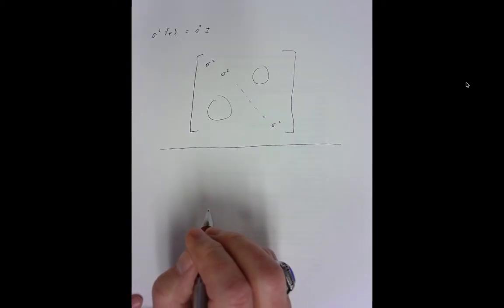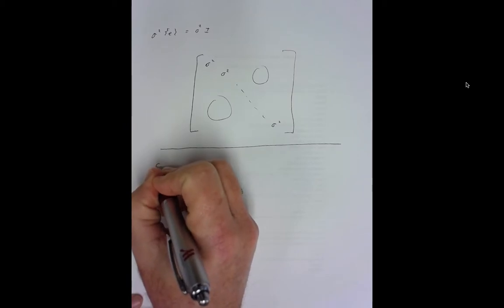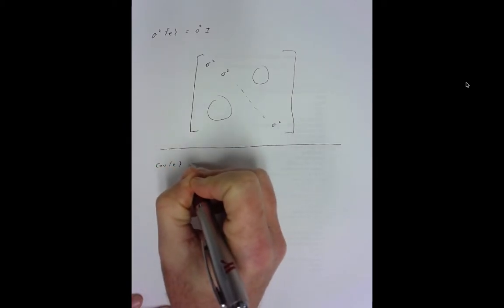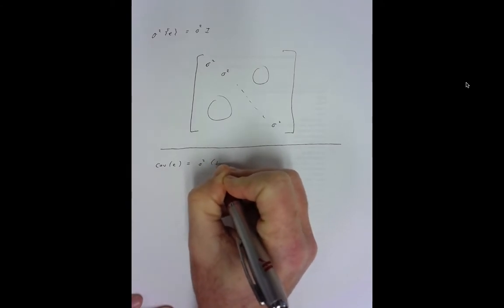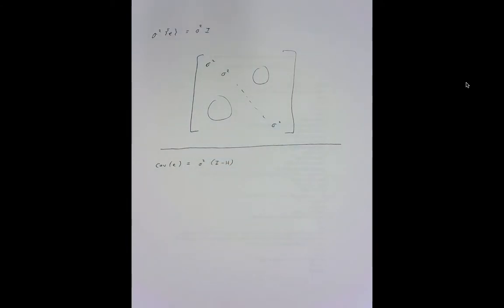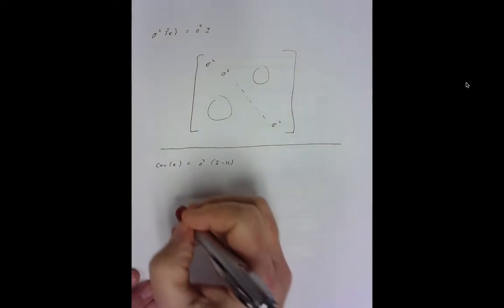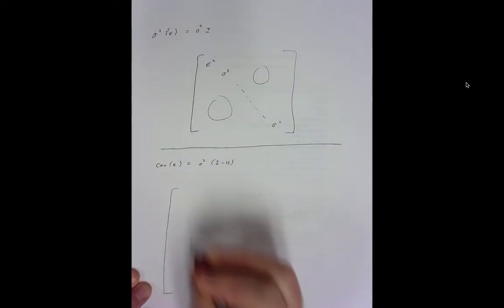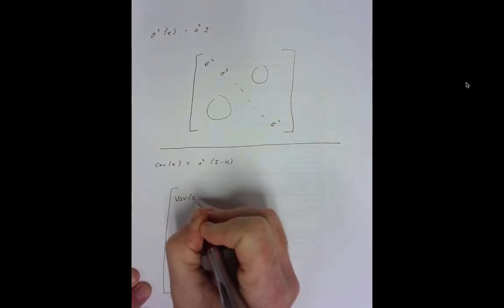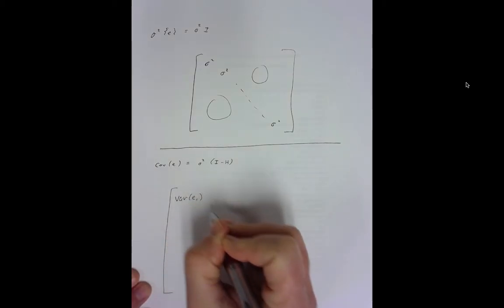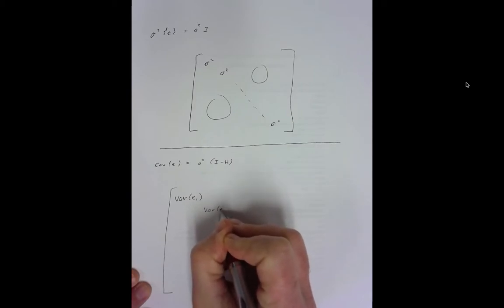Now, what would this whole covariance of E, our errors, which is the mean square error times the I minus H matrix, what would that look like? Well, guys, what it looks like is this. The diagonals would give us the variance of E sub 1 and the variance of E sub 2.